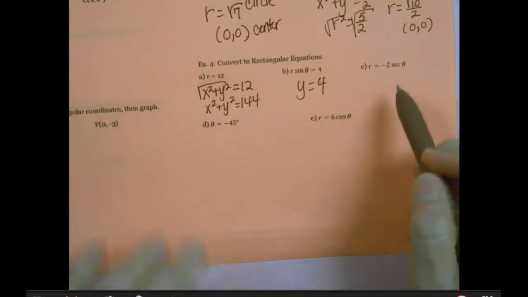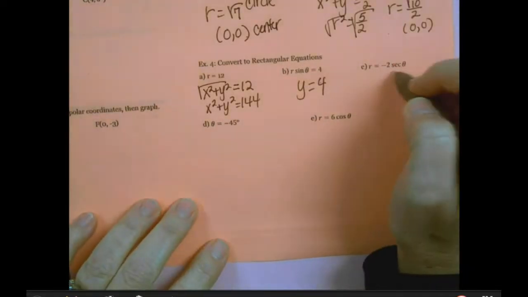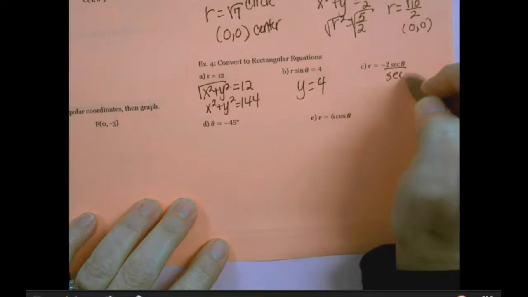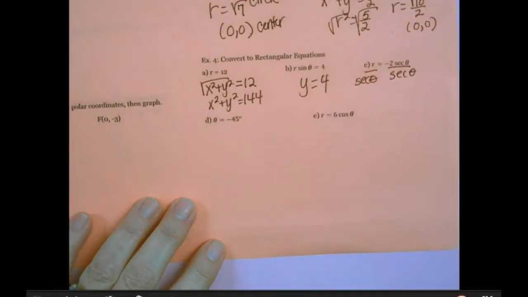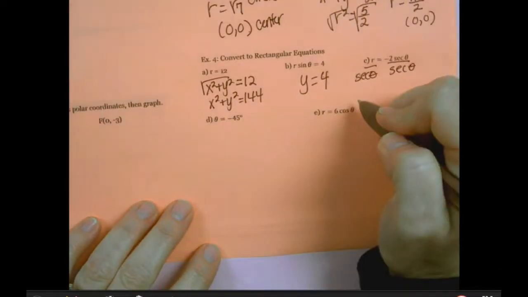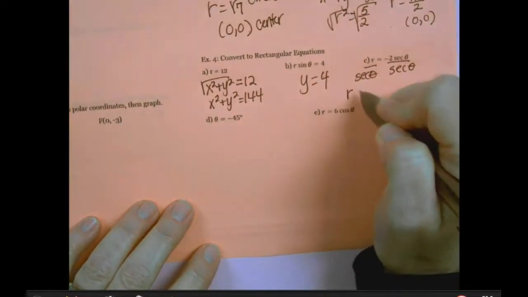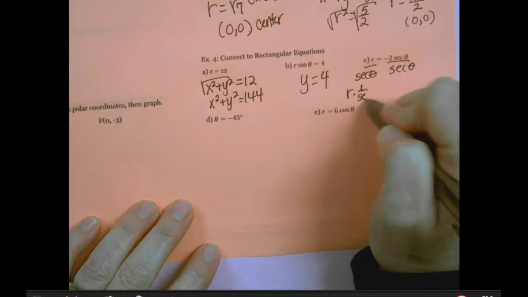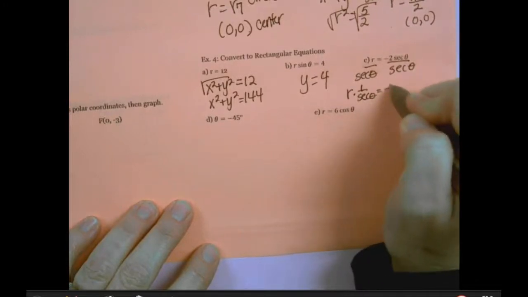Okay. So the secant of theta, so watch. I'm going to divide by the secant of theta. And I'm going to write this out. I'm going to get r times 1 over the secant of theta equals -2.